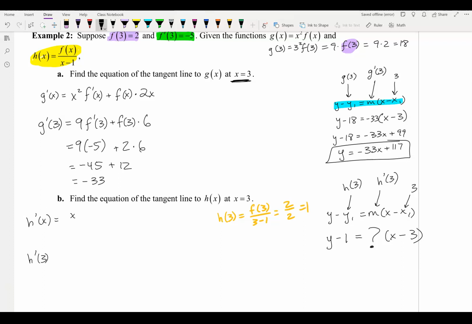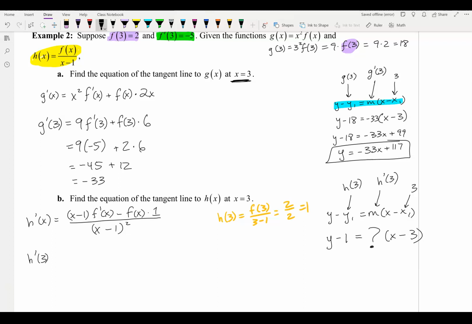So h prime of x is going to be the bottom times the derivative of the top minus the top times the derivative of the bottom, which is just 1, all over the bottom squared. And so I just jumped into the quotient rule, right?